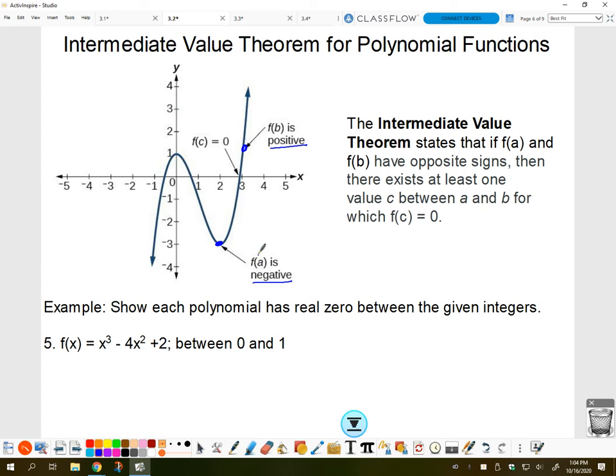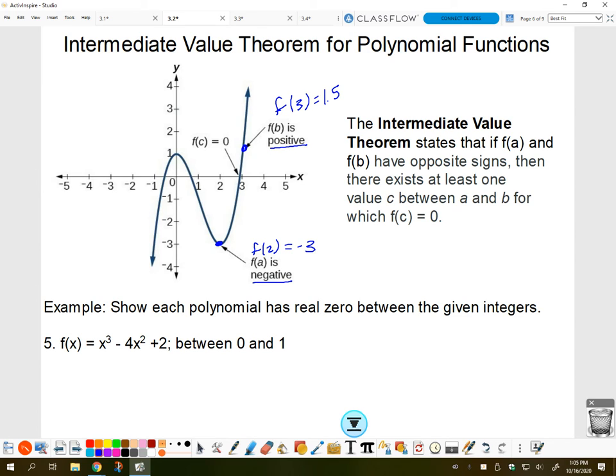Let's say f of 2 is negative 3, and f of 3 is 1.5. So somewhere between 2 and 3, the function is going to have to meet every value between negative 3 and 1.5, so it has to cross a 0 somewhere in there. Again, it's common sense, but they have a theorem for it.